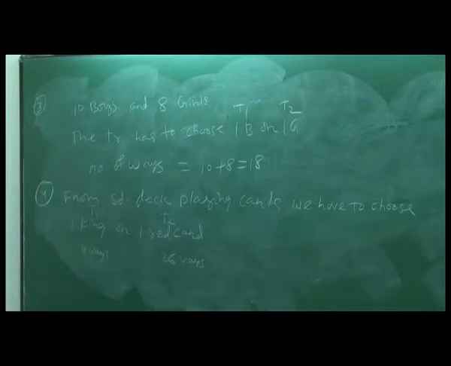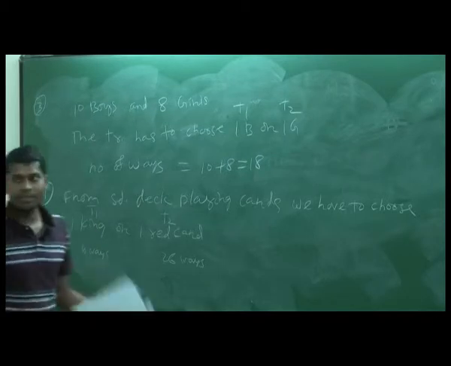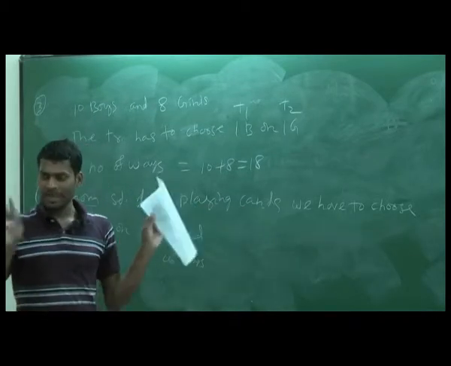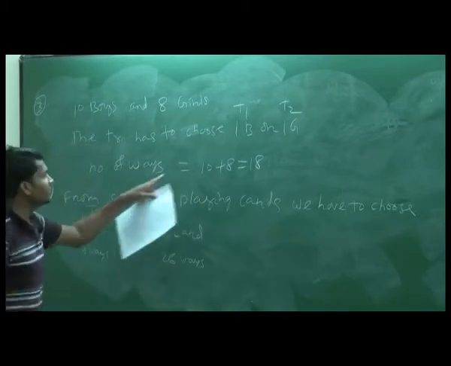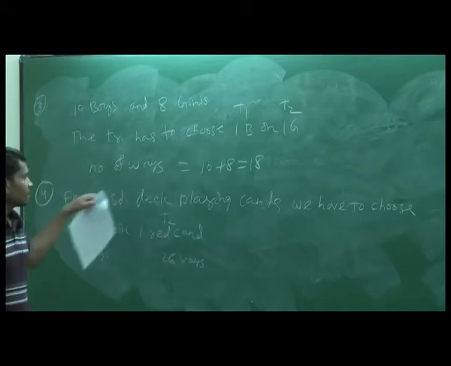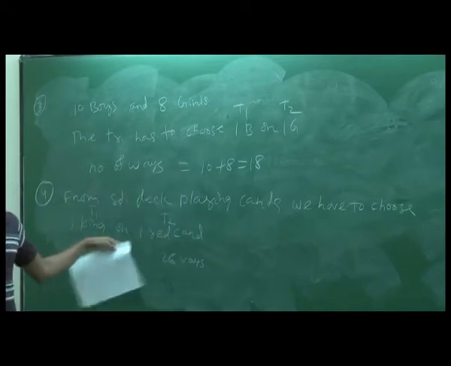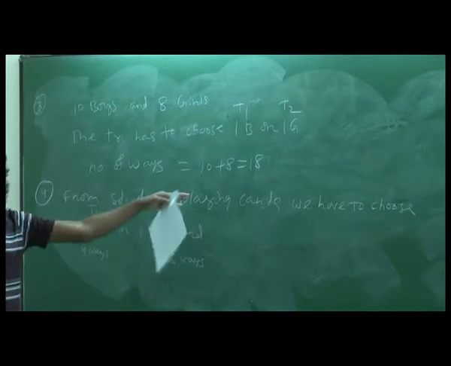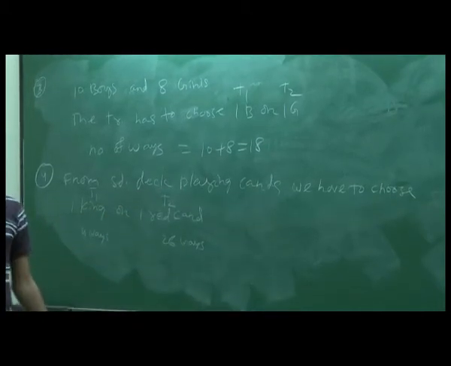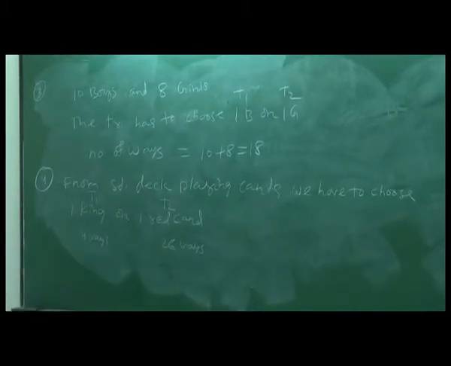So if you follow the usual rule, that if you do T1 task and T2 task, M1 plus M2, then actually we are getting some extra number of ways, right? Why? Because among the 4 kings, there are also 2 red cards.